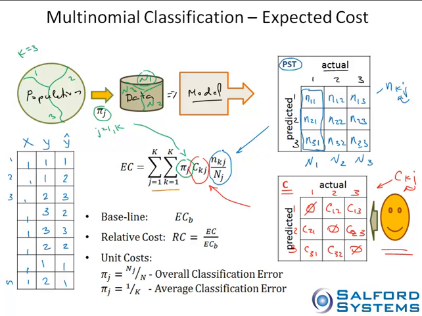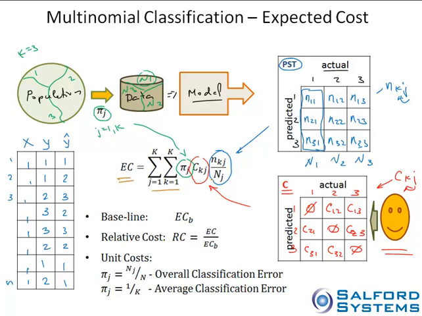This is multiplied by the cost of the corresponding cell, multiplied by the prior to offset the performance on the data towards the population. And then the whole thing is averaged to give us the so-called expected cost. And the expected cost, that's EC here.